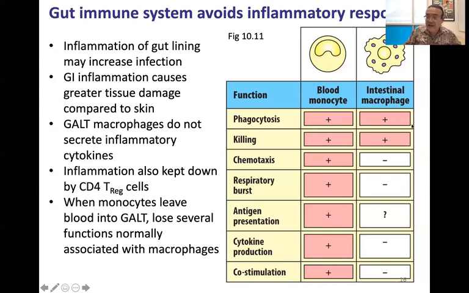The macrophage can still phagocytose things and kill things, but it loses many of the properties of the systemic macrophages, including cytokine production. So a macrophage in your mucosal lining will not secrete a lot of inflammatory cytokines.